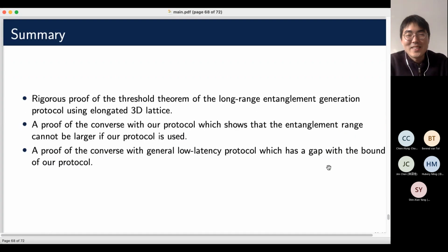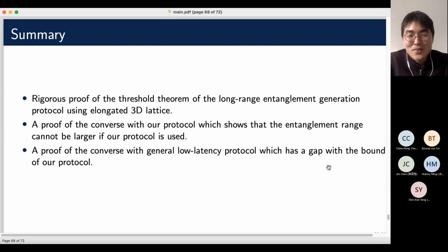So here's the summary of our work. We gave a rigorous proof of the threshold theorem for long-range entanglement generation using an elongated 3D lattice. And then we also gave a proof that our suggested communication distance is asymptotically tight.